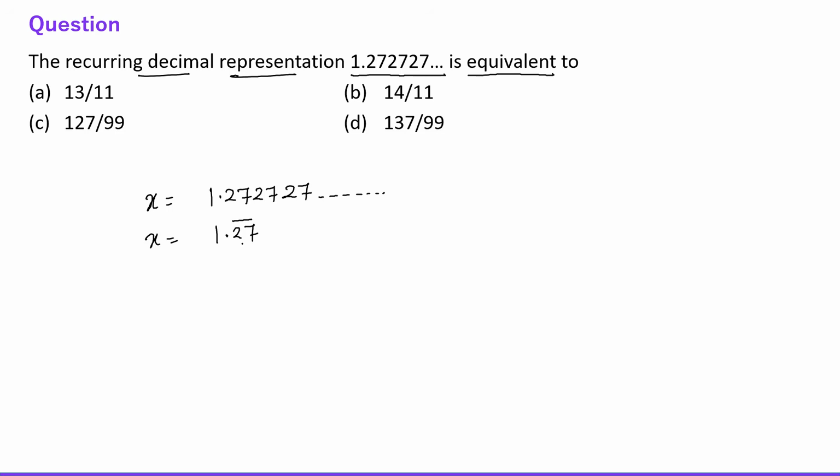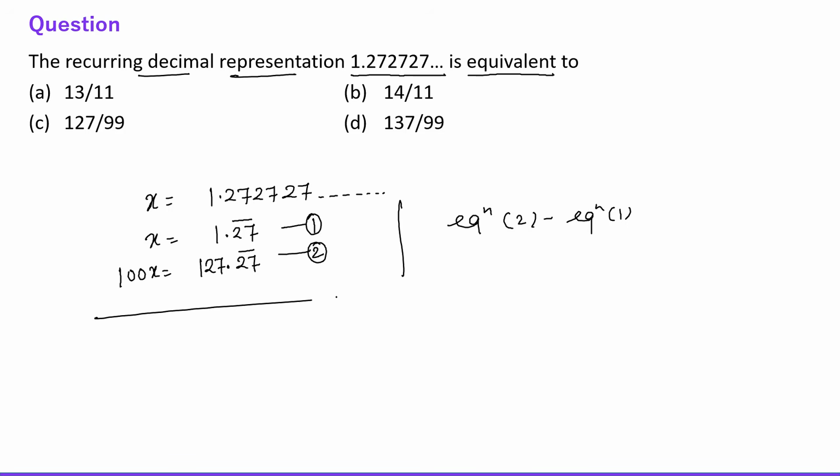So after the decimal we have 2 digits, so just multiply x with 100, x is equal to 127.27 bar. This is equation, let's say 1, and this is, let's say, equation 2. So on subtracting equation 1 from equation 2, what we get is 99x is equal to 126.